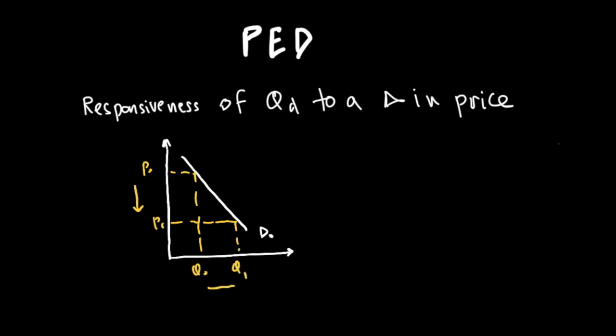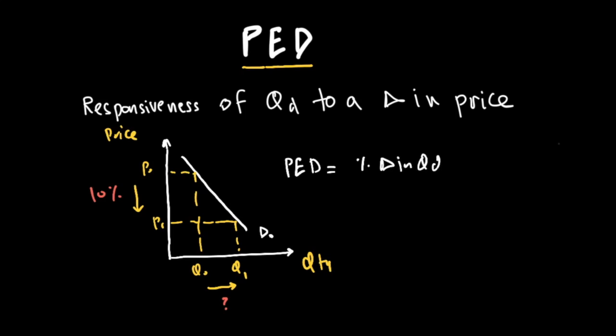So this calculation of elasticity of demand will tell us by how much quantity demanded will change. Let's say a producer lowers the price by 10%. We want to know how much the quantity demanded is going to change by, and we use a formula where PED is equal to percentage change in quantity demanded over percentage change in price.